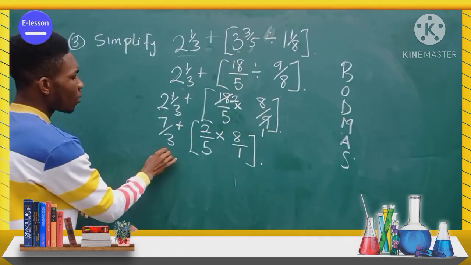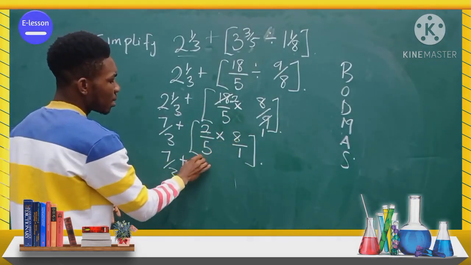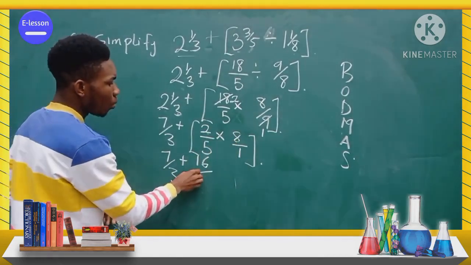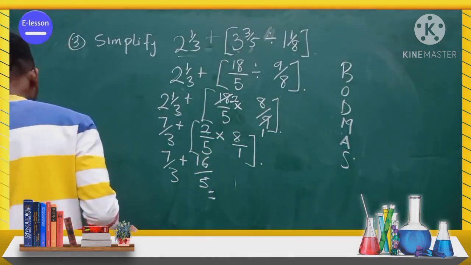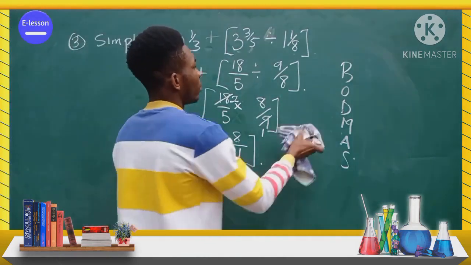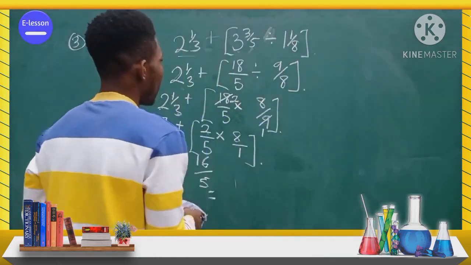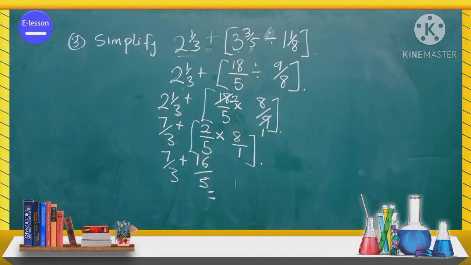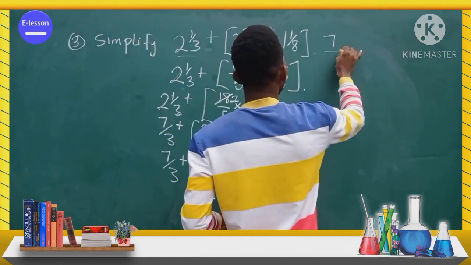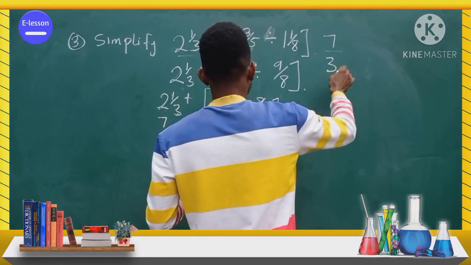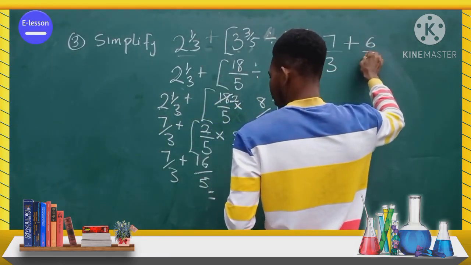Now simplifying further, you have 7/3 plus 2 times 8 is 16/5. So taking this down, you have 7/3 plus 16/5.